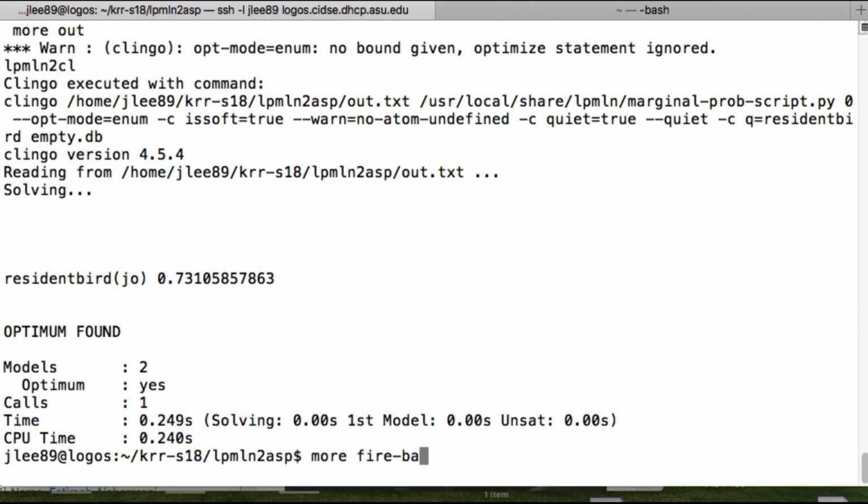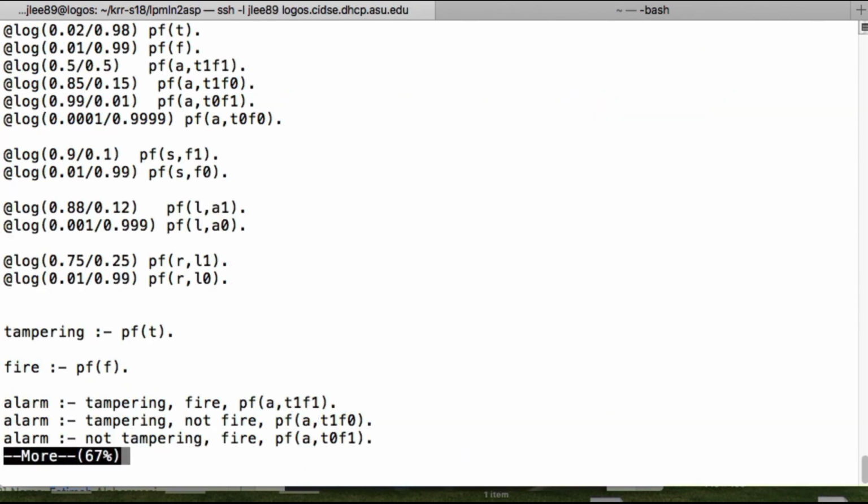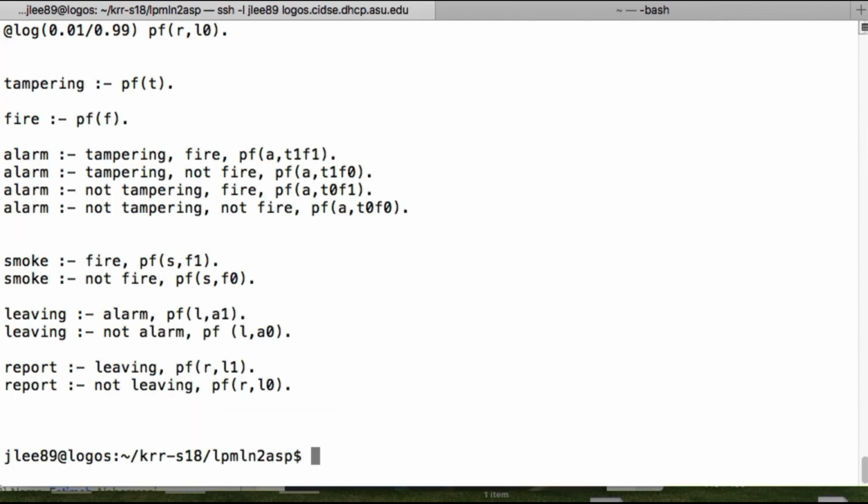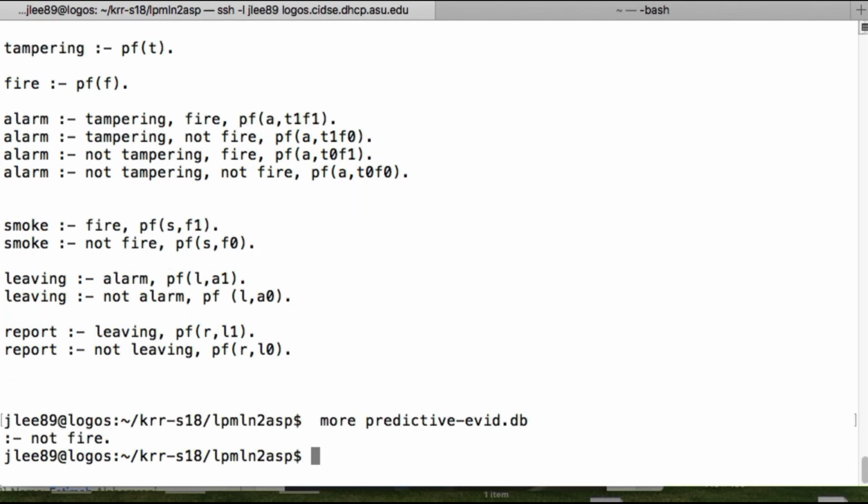Here is the code, and this is just one line. Fire is true. Let's look at the case.